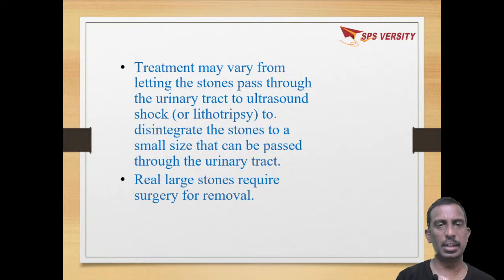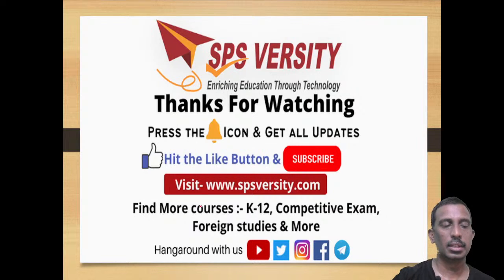There are many treatments, like ultrasound, that is lithotripsy, to disintegrate the stones into small size. When the stones are made into small size, they can be easily passed through the urinary tract. And if the size of the stones is larger, they can be removed by surgery.